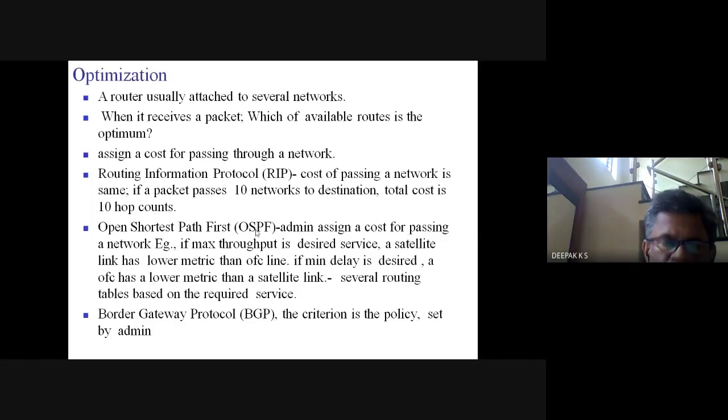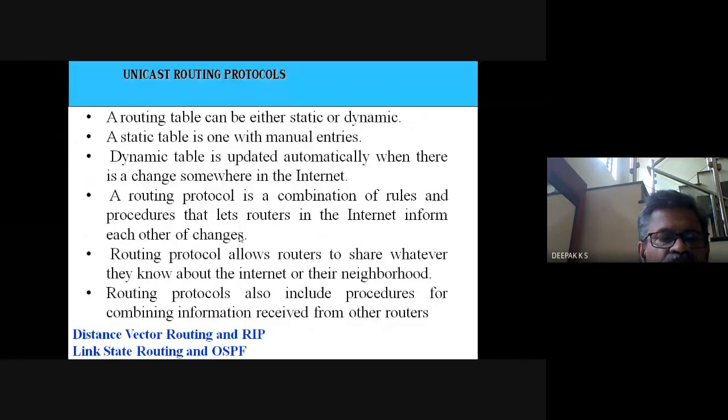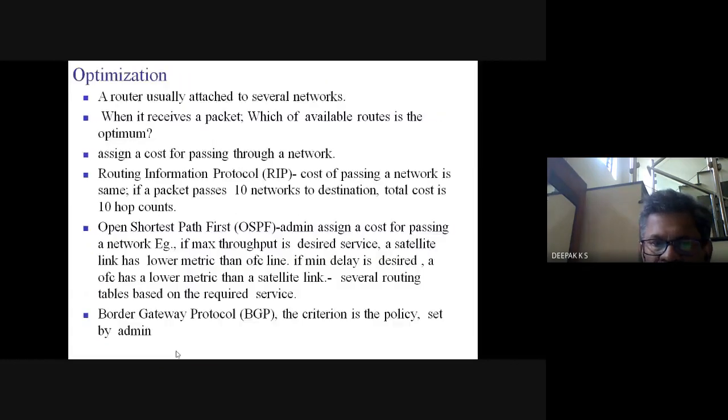Now OSPF, Open Shortest Path First. This is a link state protocol. So here the admin assigns a cost for passing a network. If maximum throughput is desired, that is the metric considered.